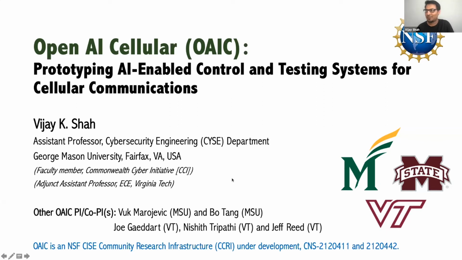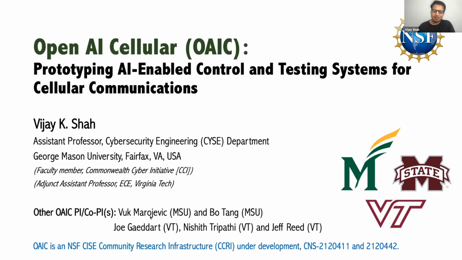So as you can see, it's called Open AI Cellular, where obviously open stands for open source. And I do have some other appointments with CCI and Virginia Tech, where CCI is actually a Commonwealth of Virginia initiative, a pretty big initiative, about $100 million over 5 years to move the field of cybersecurity, NextG, and autonomous systems.